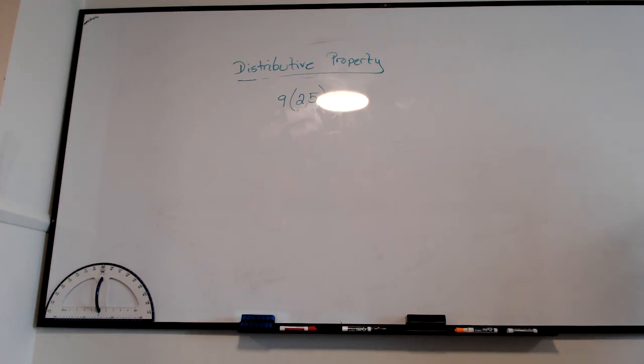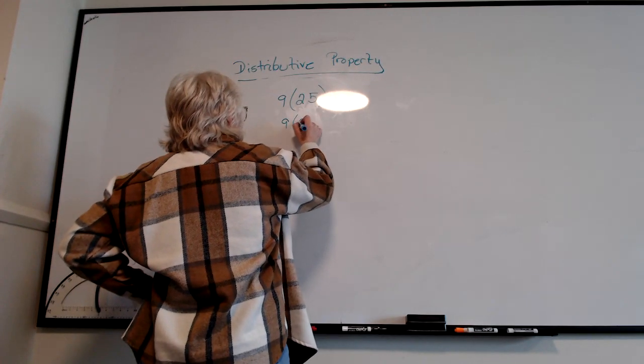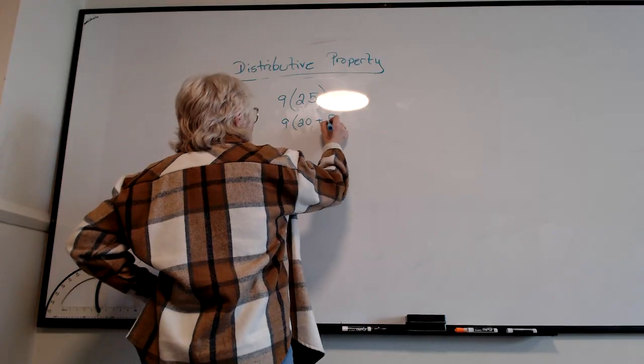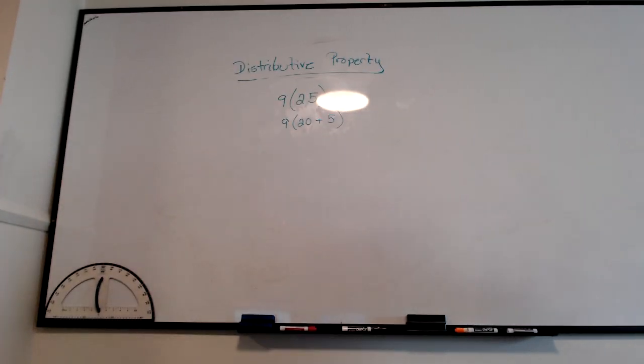Think easy. 20 and 5, right? Isn't 25 the same as 20 plus 5? Okay, so let's do that. So 9 times 20 plus 5. Okay. So all I did was break it into two parts.